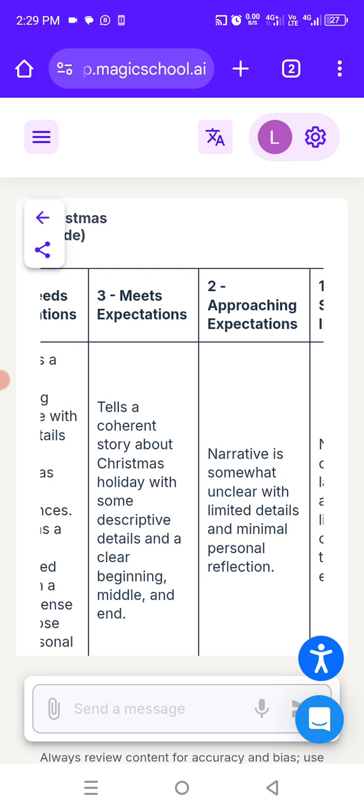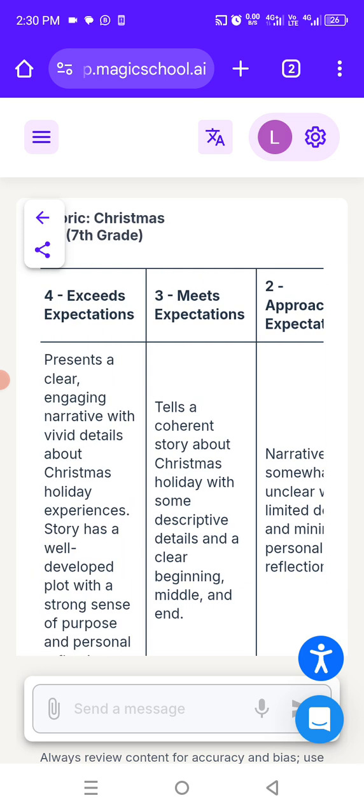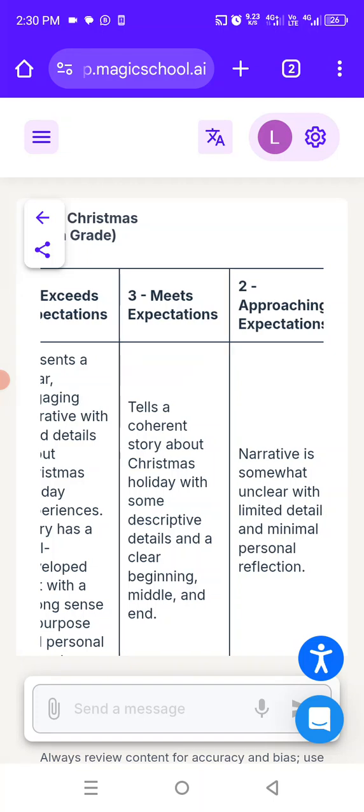Now for approaching expectations, the narrative is somewhat unclear with limited details and minimal personal reflection, so it can be a bit higher, maybe 2 to 3. Then meets expectations, tells a coherent story about Christmas. You see that it will be increasing, so you can give the person 3 to 4 marks based on whether their performance on this specific criterion met this level.